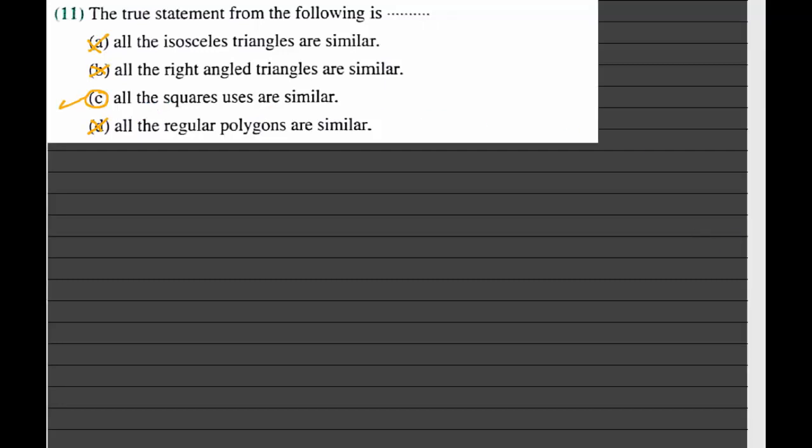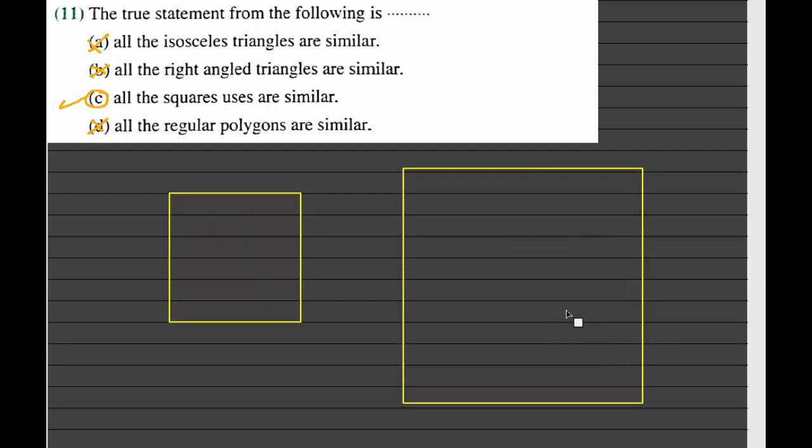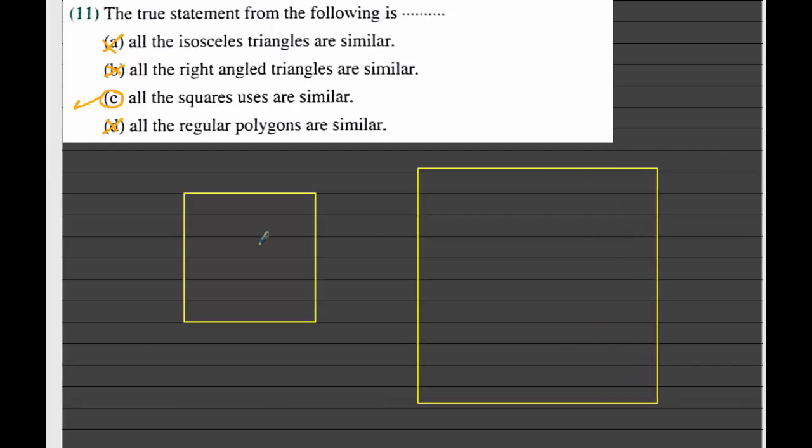we can take an example of two similar squares. Here we have A, B, C, D. Here we have X, Y, Z, L. In the square all the angles are right angles, so it is 90.